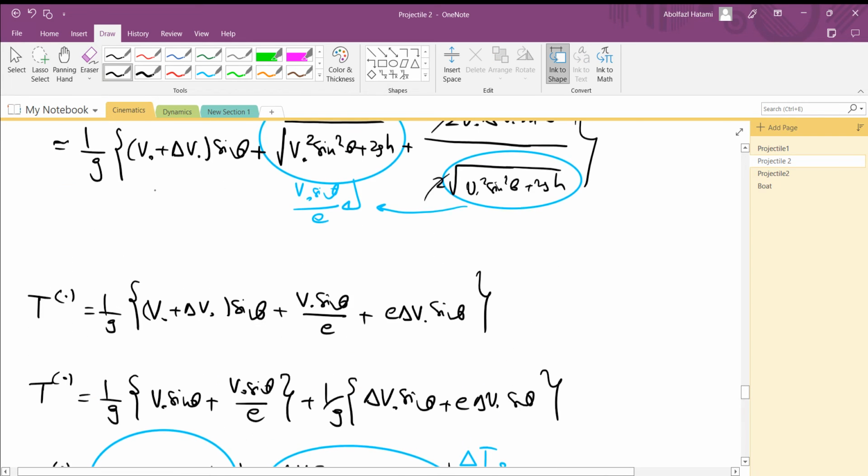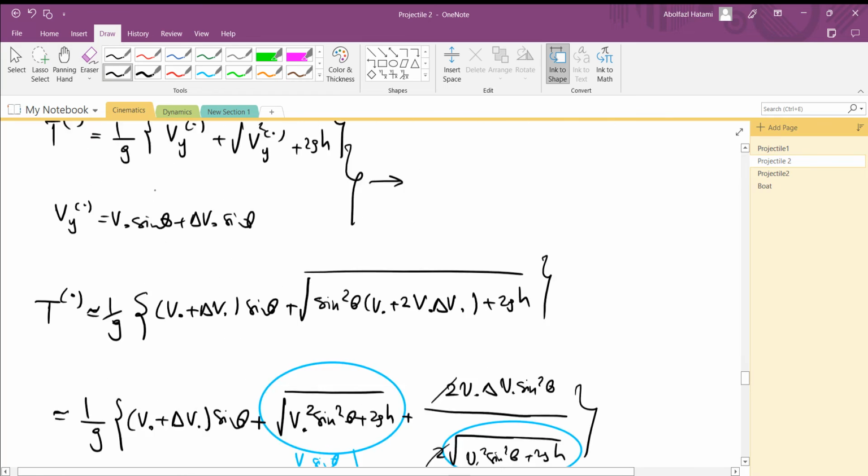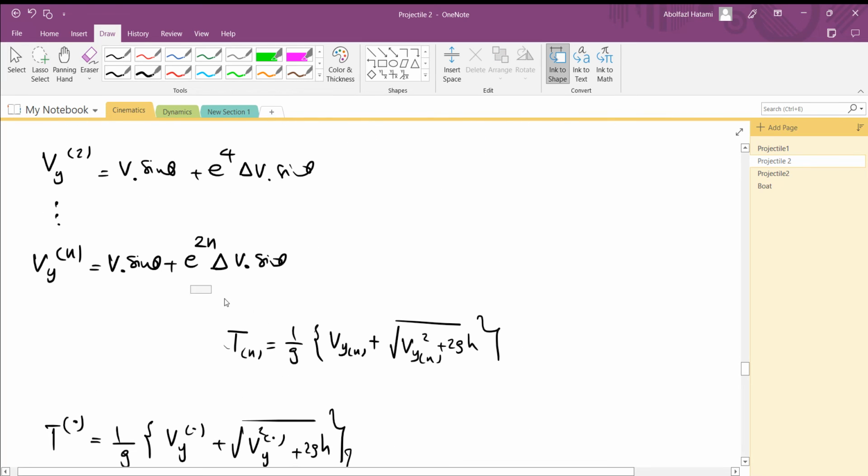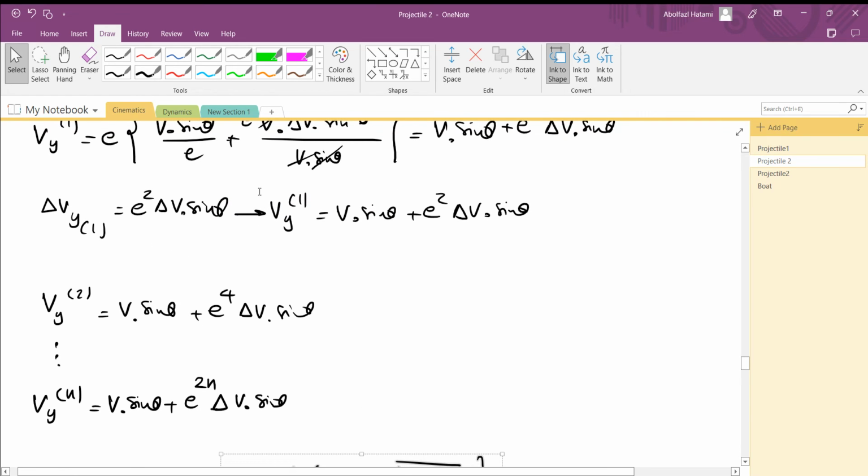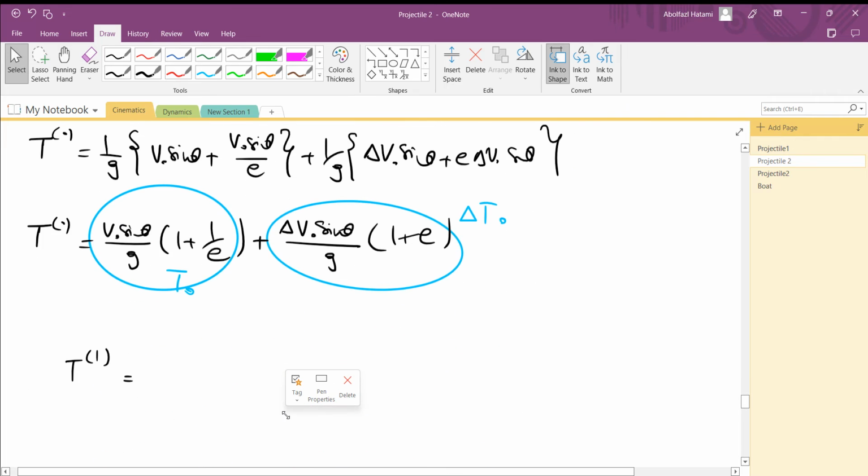If I do the same equations, we need vy1, which we obtained here. We obtained vy1, vy2, vy3, vyn, sorry, and we obtain them.